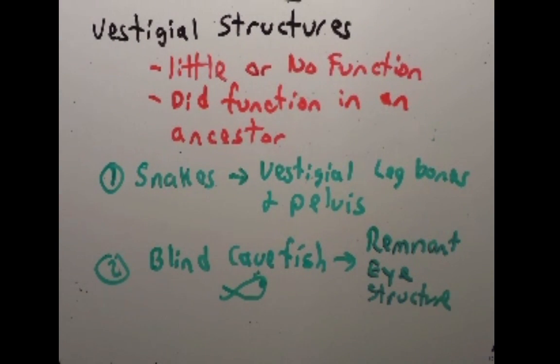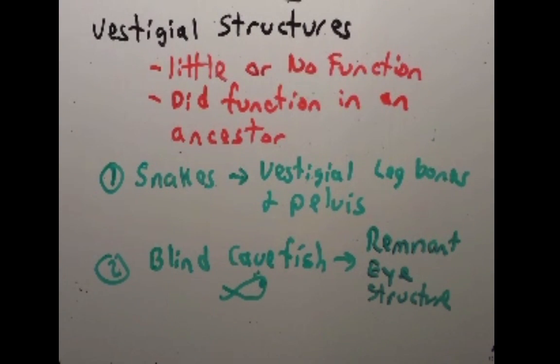All of these examples, the vestigial organs, the homologous anatomical structures, the embryonic developmental evidence, are anatomical, morphological homology pieces of evidence.